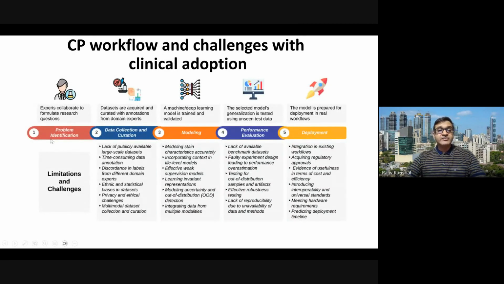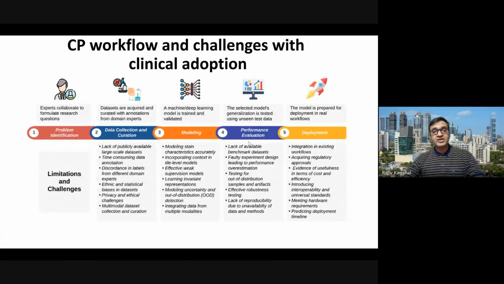If you identify that, then its validity is tested on some data set, and here is the role of the pathologist, as we have to curate good and pure data which can be used for the development of the model. Once that model is developed with the help of the engineers, it undergoes performance evaluation. First is the technical validation of the model, followed by the clinical validation, and then it comes to the final deployment stage.